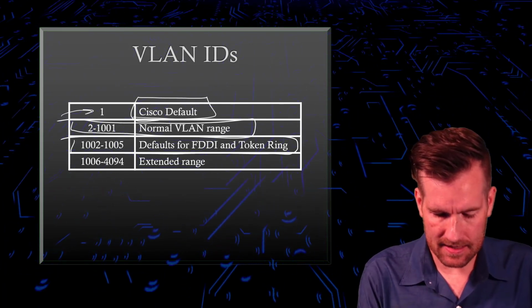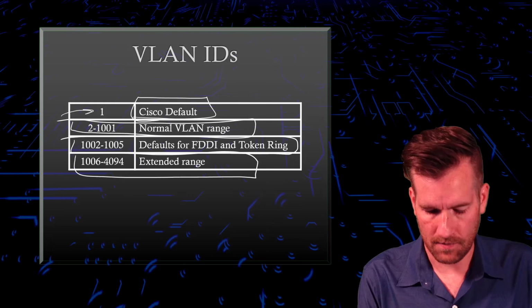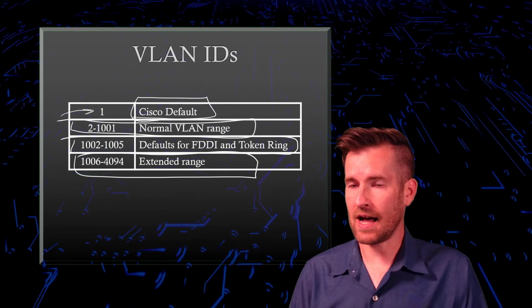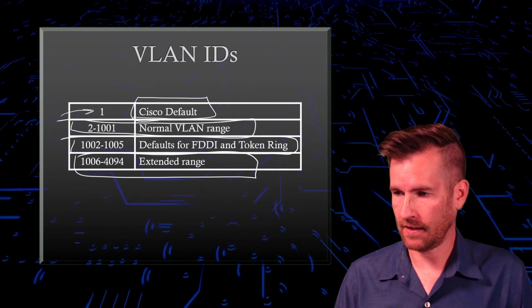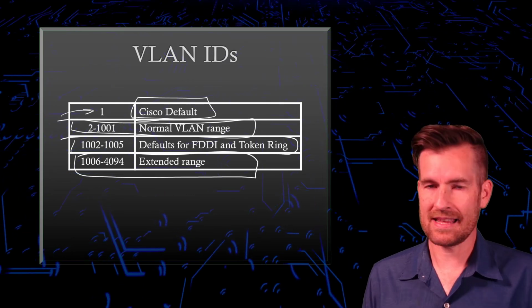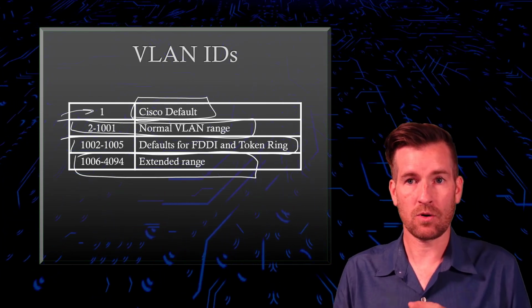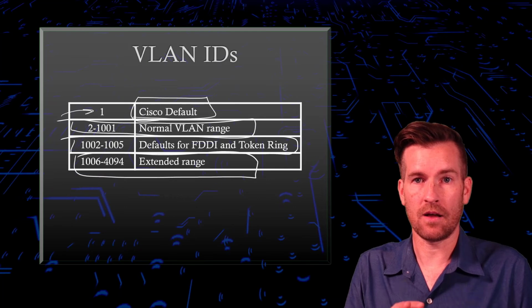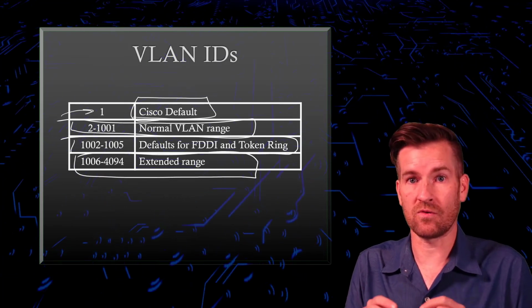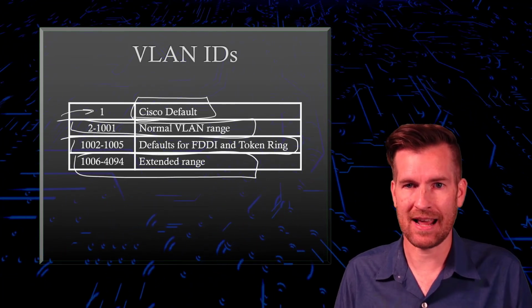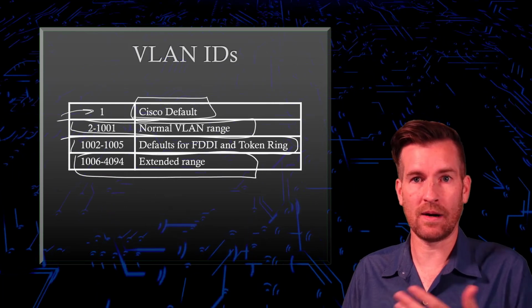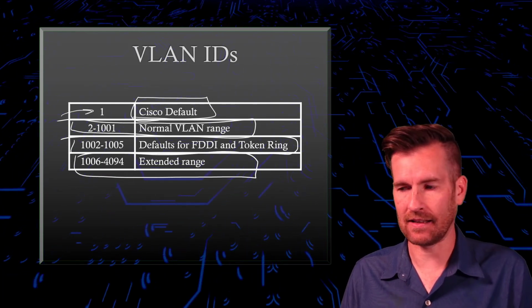Then we have this extended range right here. And the extended range does operate a little differently. So number one, the extended range isn't something that we program like we program the normal range. We have to actually use VTP to send that information out. It doesn't get stored in the regular VLAN.dat file either.